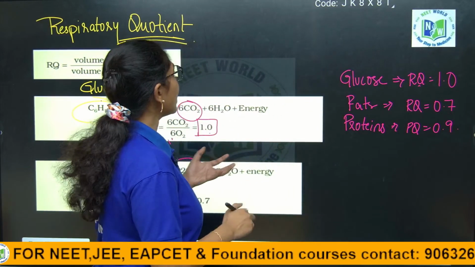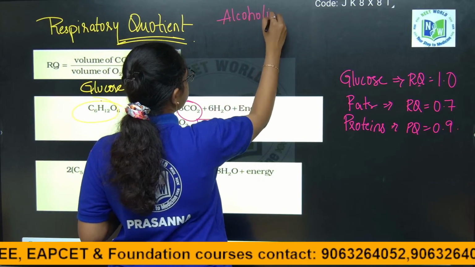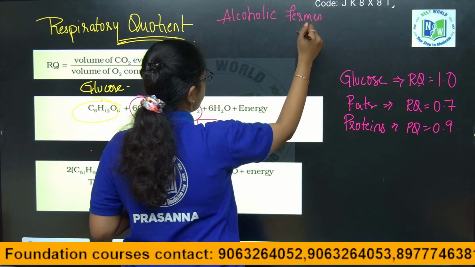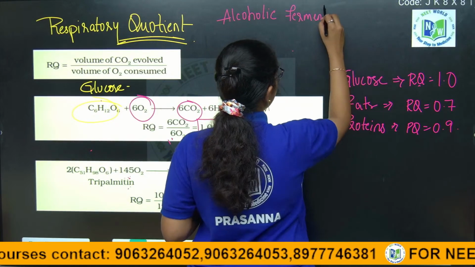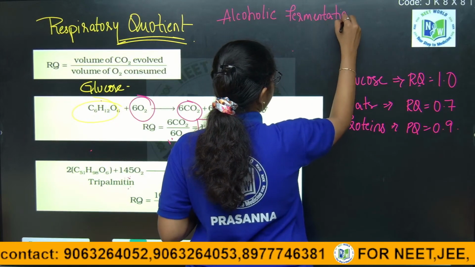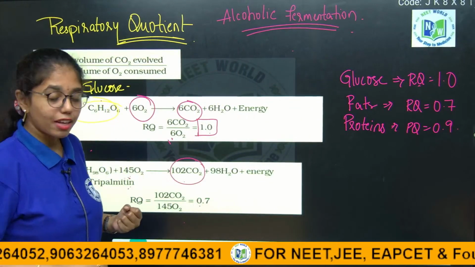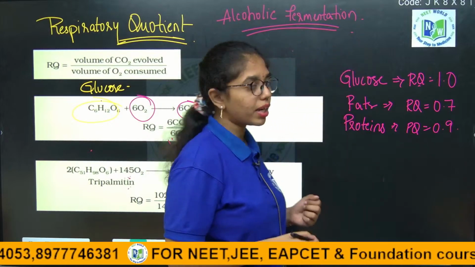Okay. If you consider alcoholic fermentation or anaerobic respiration, the end products of alcoholic fermentation are ethanol plus 2 carbon dioxide, right?